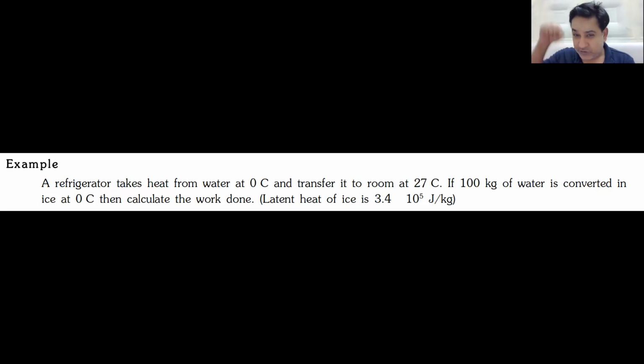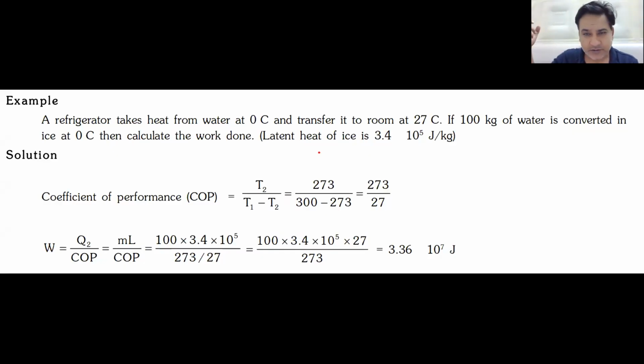I'll give you time. If you can do this, that means you have done all the questions which were above this. 2 minutes is what you'll get. Remember, how much amount of heat you have to take out? 3.36 into 10 to the power 7. That is correct.